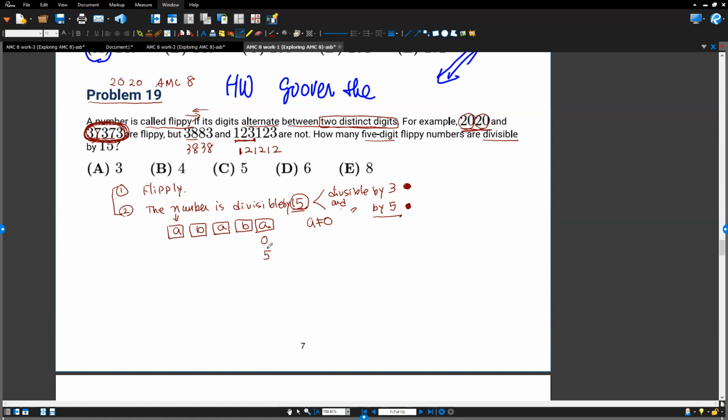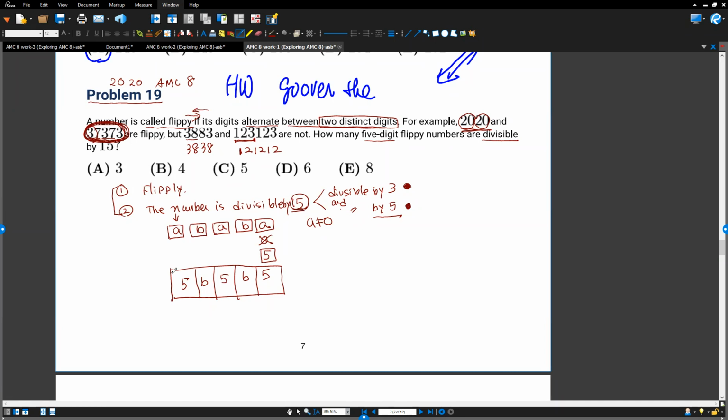But A cannot be 0, so for the last digit there is only one choice, which is 5. The last digit should be 5. Now rearrange: 5, B, 5, B, 5. Now we have narrowed the search area, much, much smaller, right? It should be 5B5B5.